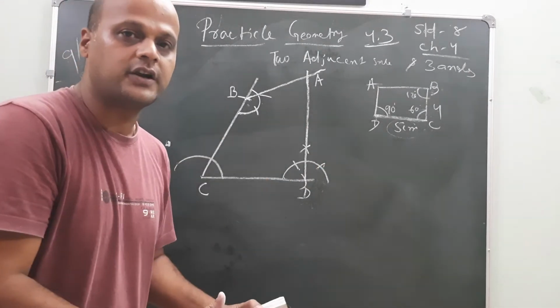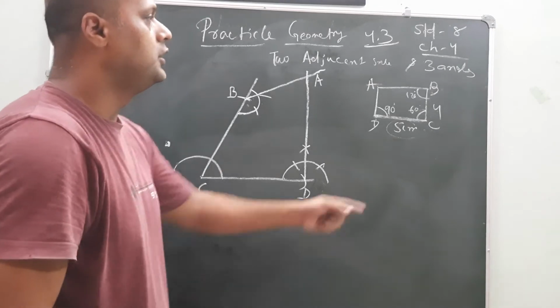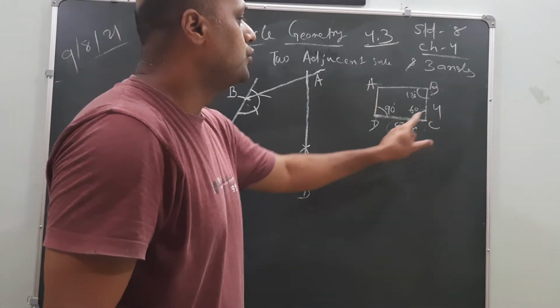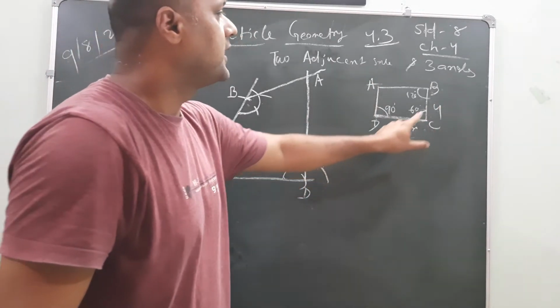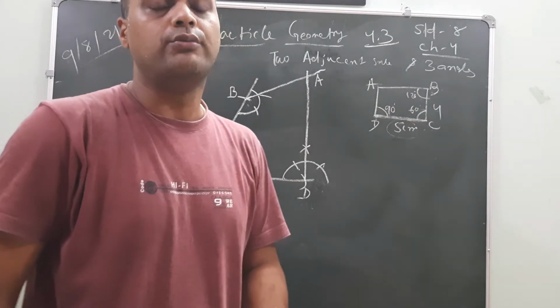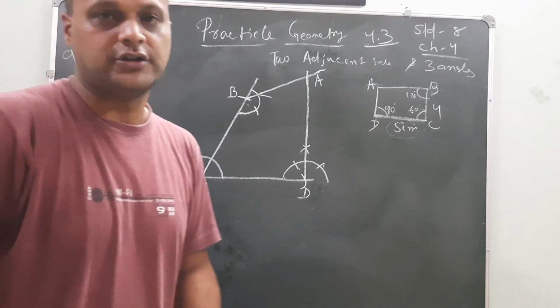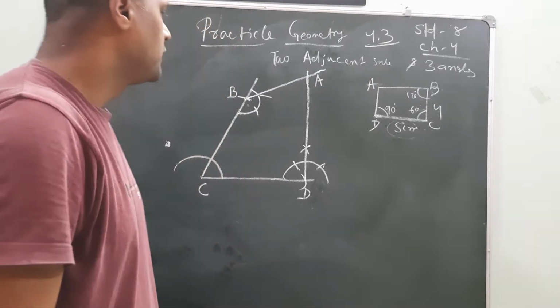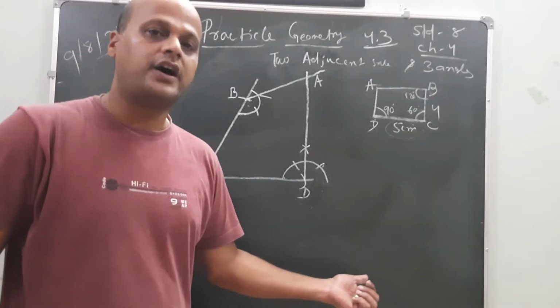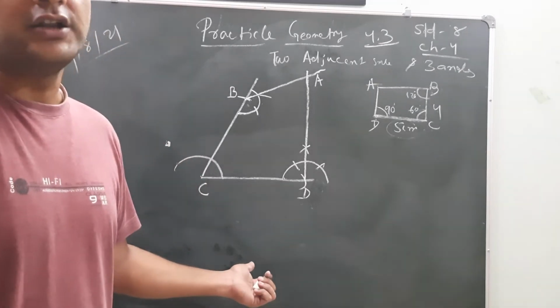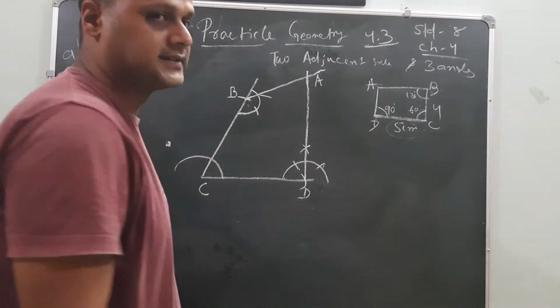So this is the funda of how you draw the geometrical construction if two adjacent sides and three angles are given. This is one of the fundas of the practical geometry of exercise 4.3.